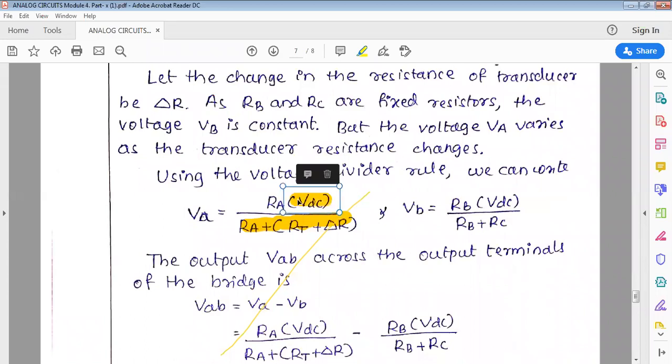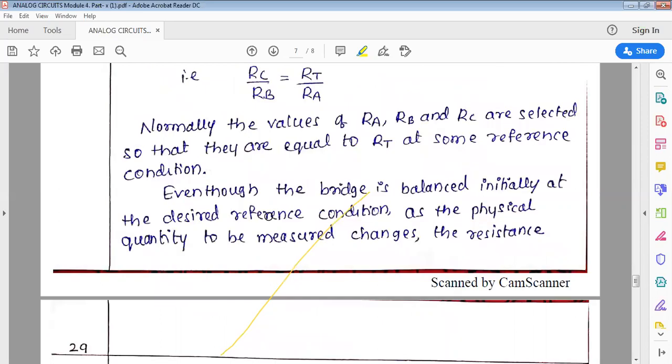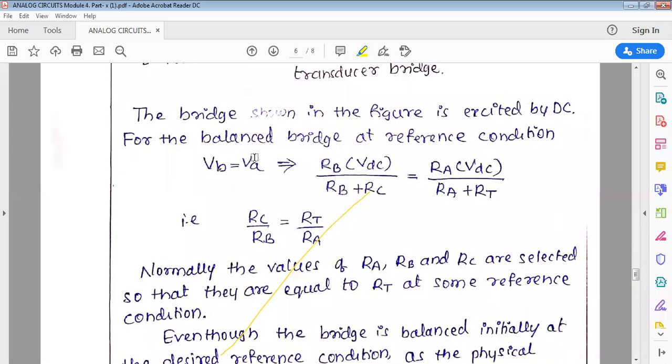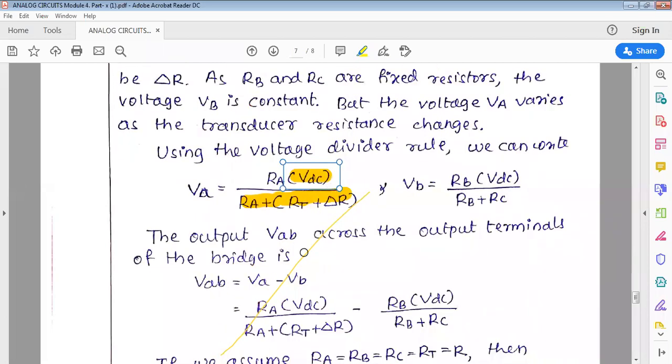That is, this part will give me the current, and I will multiply this with RA, because RA is a resistance that has one end connected to ground. Therefore, the voltage VA is given by this expression, and voltage VB is given by this expression, which is not changed. It is the same as the previous expression.